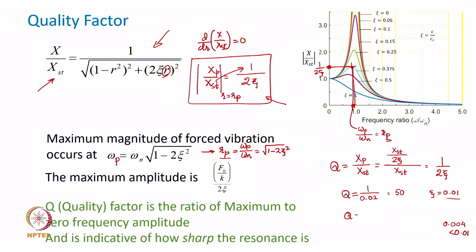This quality factor, if I use a zeta value of, let us say, 0.2, sorry, forget about this. So, if the damping ratio goes beyond 0.1, let us say 0.2, then you have 0.4 here in the denominator. How much will that quality factor be?